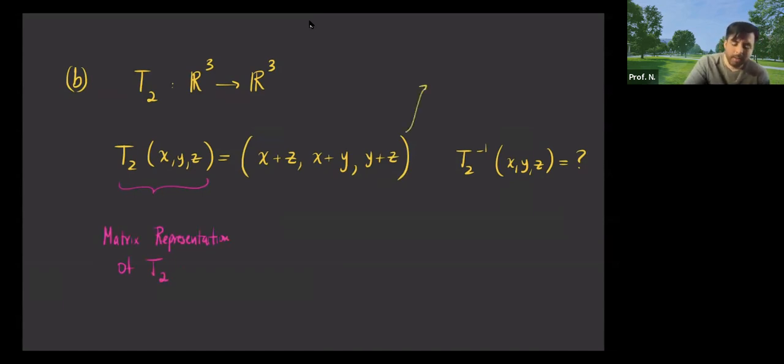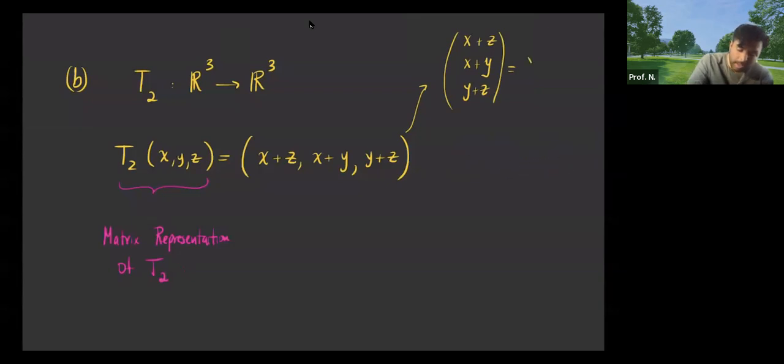Or you can visualize this as a column vector, x plus z, x plus y, y plus z, separating it according to the variables.